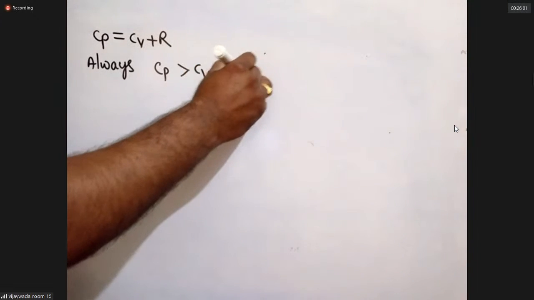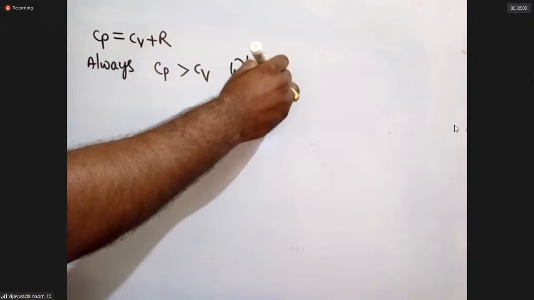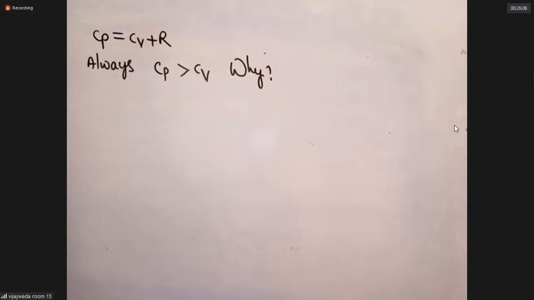My question is, why? You are supplying heat energy to 1 mole to raise its temperature by 1 degree. When you keep pressure constant, the supplied heat energy is more. Where volume is constant, the supplied heat energy is very low compared to Cp.